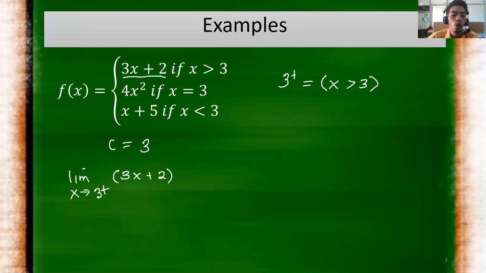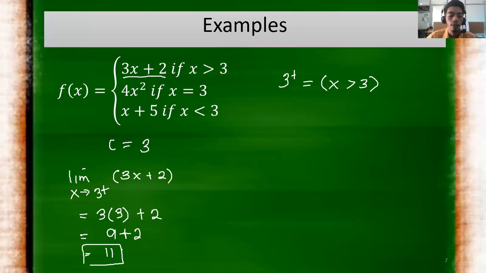And next, we are going to substitute 3 for x. So you have 3 times 3 plus 2. And then you'll have 3 times 3 is 9 plus 2. This will give you 11. So, nakuha natin yung right-hand limit natin na 11.